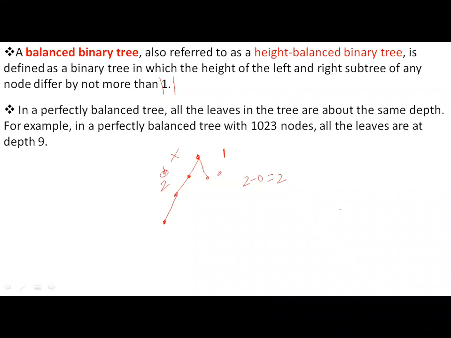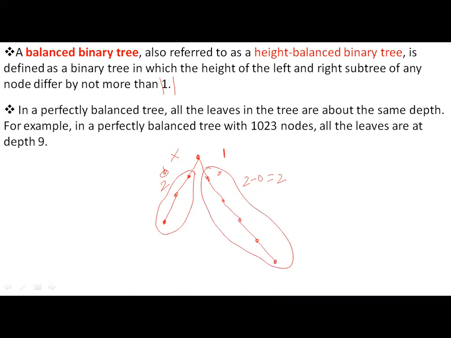Now if the tree is in this manner, say for example we have one here, one here, one here, and one here. Now if you want to calculate whether this tree is balanced or not, what is the height of this left subtree? The height of this left subtree is 2. What is the height of this right subtree?